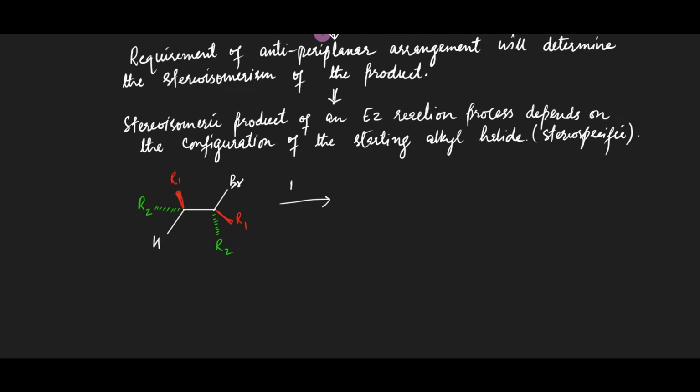Thus, this alkyl halide has required anti-arrangement of H and Br. Red-colored R1, on both carbons are on solid wedge, meaning they are on same side, and green-colored R2, on both carbons are on dash, meaning on the same side. Thus, elimination gives cis-alkene.